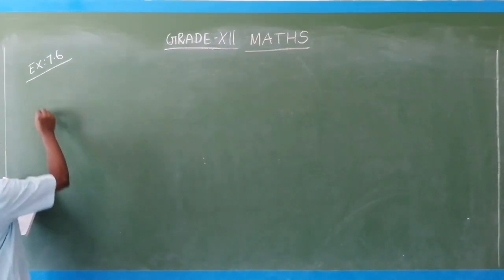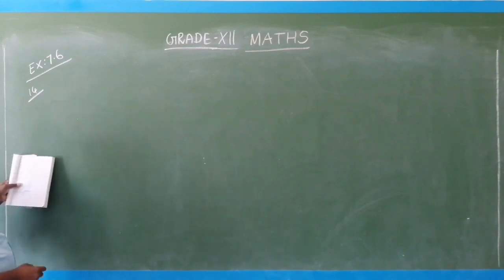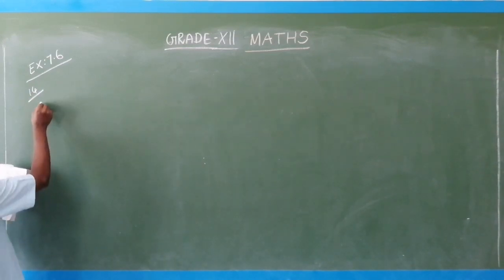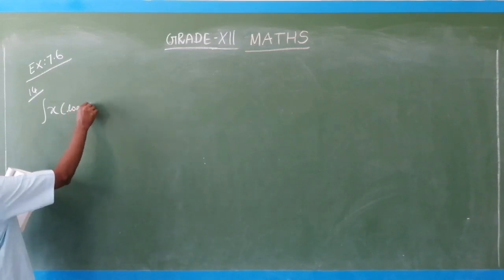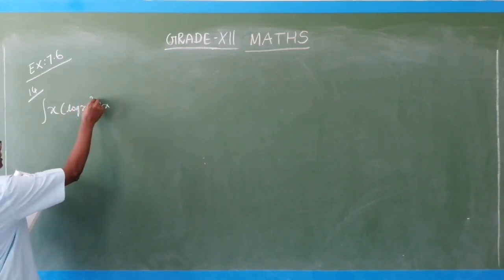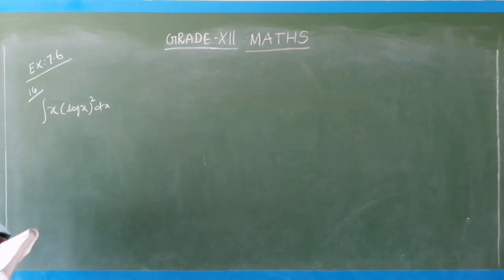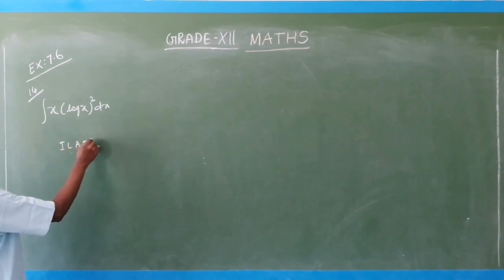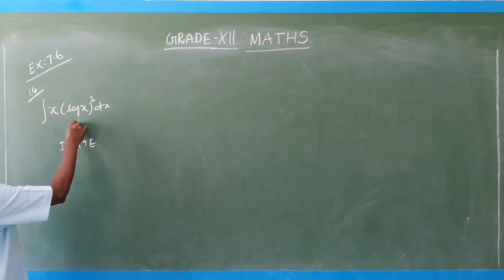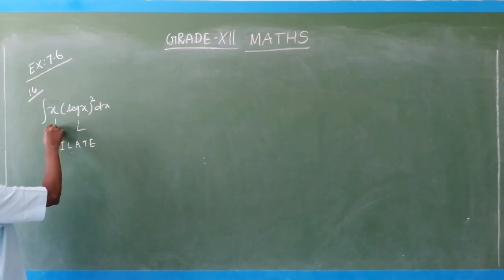Question number 14: integral x into log x the whole square into dx. If you want to use ILATE, this is a logarithmic function and this is an algebraic function.